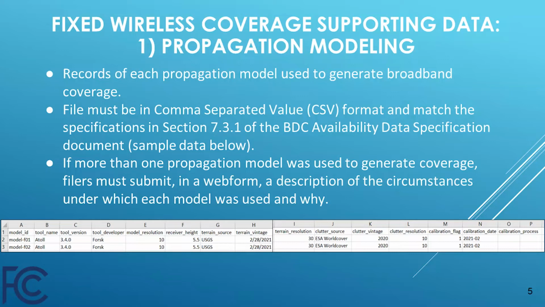The value may be approximate for models measured in arc seconds, but it must be greater than 0 and less than or equal to 100. Similarly, terrain resolution and clutter data resolution are measured in meters. Again, while the values may be approximate for datasets measured in arc seconds, they must be greater than 0 and less than or equal to 100.